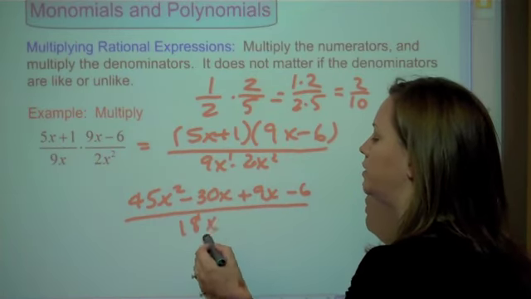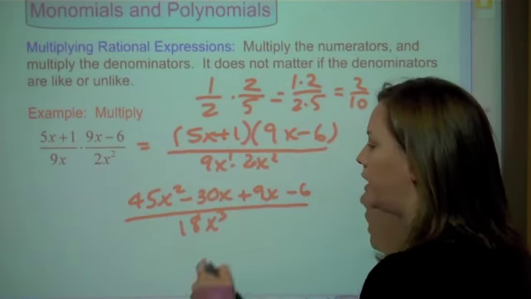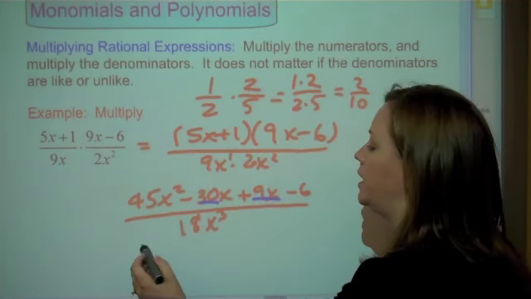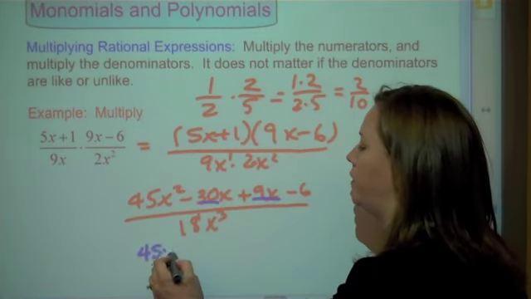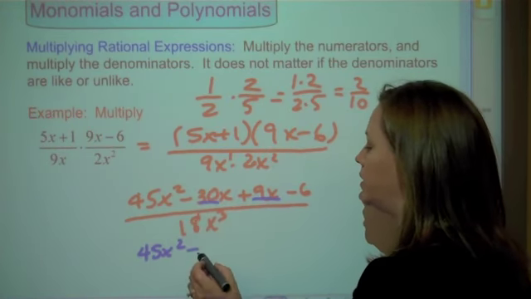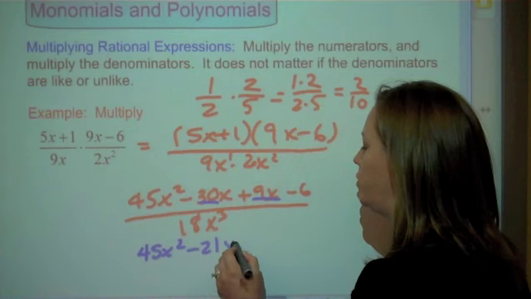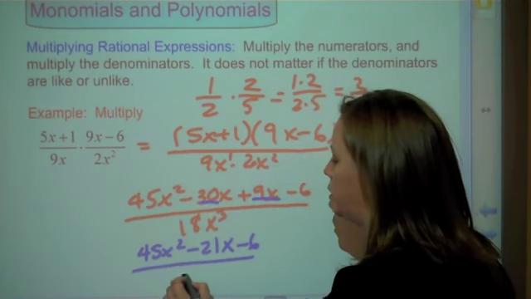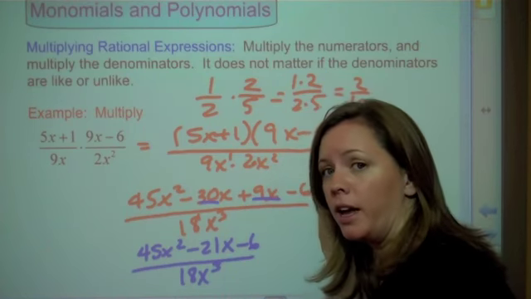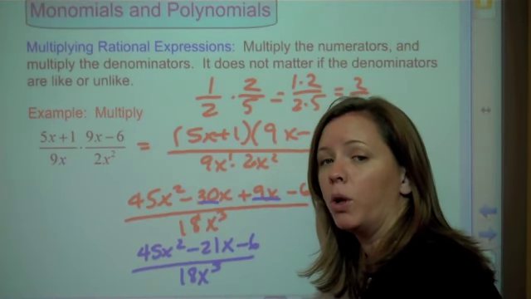Add the exponents of the variable, so x cubed. And all we have to do now is collect the like terms in the numerator and simplify. So we have 45x squared minus 30 plus 9 is going to be negative 21x minus 6 over 18x to the third. Okay? And that's a simplified form of our expression there.